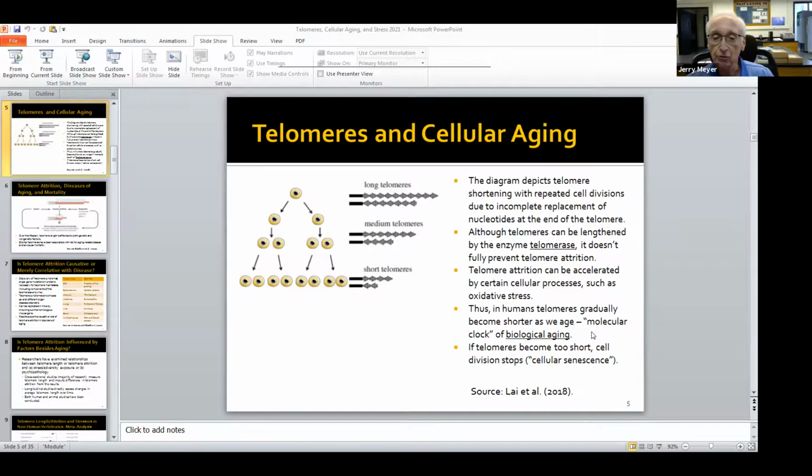And this is the whole notion that if stress and adversity are perhaps causing us to age more rapidly in some fashion, this could be a way to assess this. And finally, an important point: if telomeres in a particular cell or group of cells become too short, this actually acts as a brake on cell division, and this is called cellular senescence. So this is the ultimate in cellular aging. Those cells can actually no longer divide.